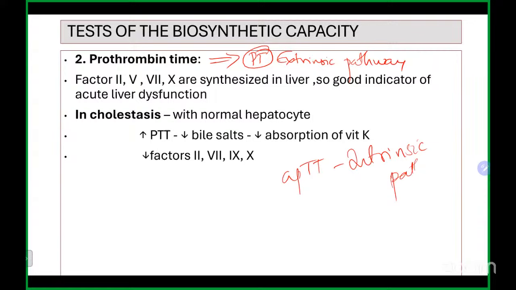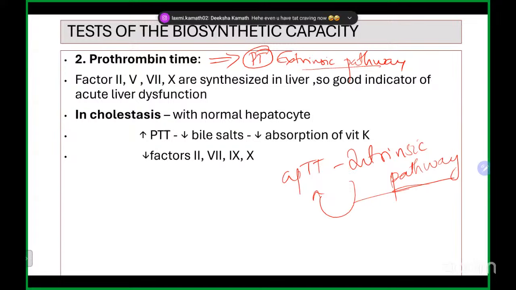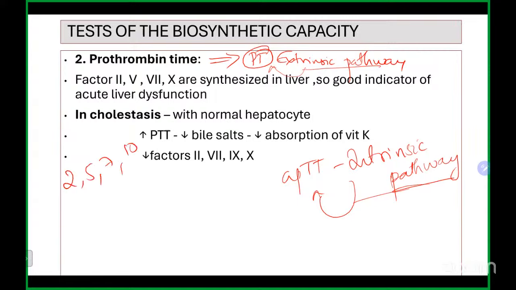All the factors involved in the intrinsic pathway are represented by the APTT test, and all the factors involved in the extrinsic pathway are represented by PT. PT basically reflects factors 2, 5, 7 and 10. All of these are produced in the liver.